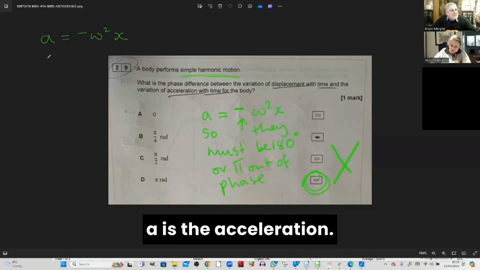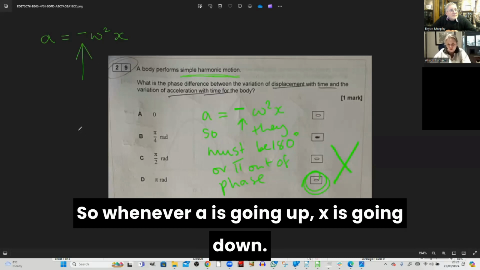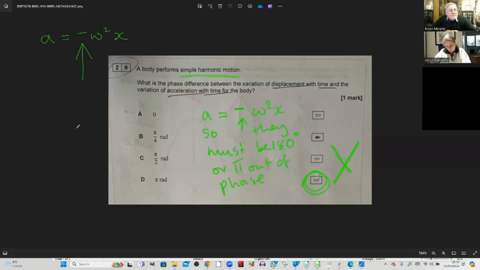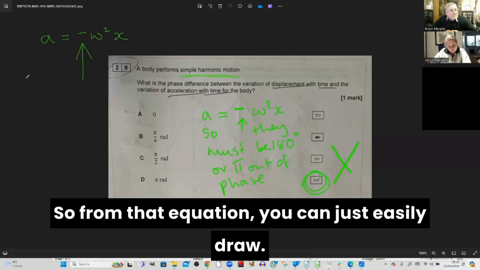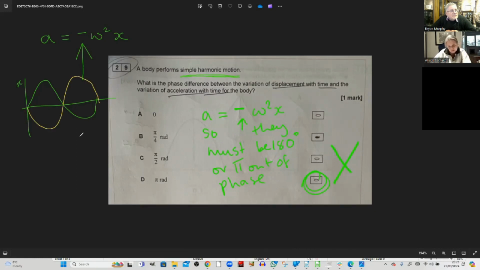a is the acceleration. x is the displacement. a is equal to minus x, but in the opposite direction. So whenever a is going up, x is going down. So from that equation, you can just easily draw, well, if that's x, my a has got to be the other way.